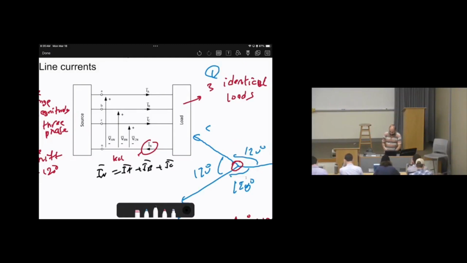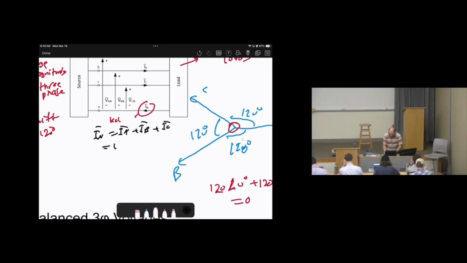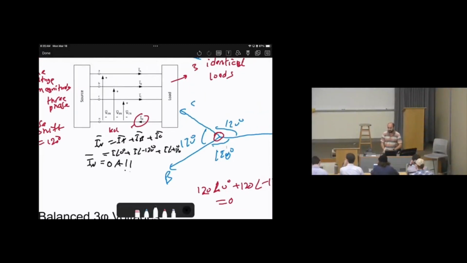And since it is balanced, it's going to be I angle 0 degrees plus I angle negative 120 degrees plus I angle positive 120 degrees. Again, this yields 0 amperes. So we do this on purpose to get zero neutral current. That's why we do it.